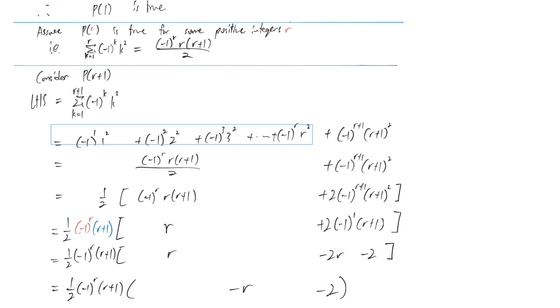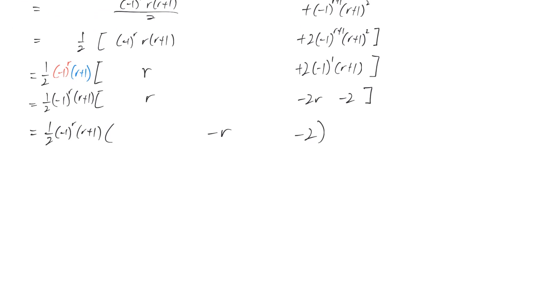Compared with our right hand side, we prefer positive r in the bracket. So therefore, we are going to extract negative 1 also. It becomes negative 1 to the power of r plus 1 now, and then we have r plus 2 left. So now we are going to consider the right hand side.